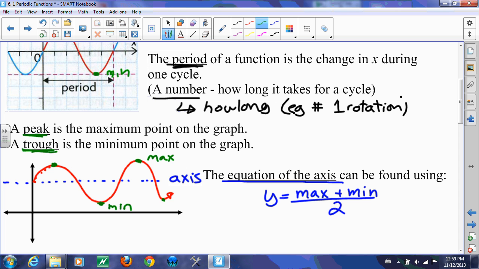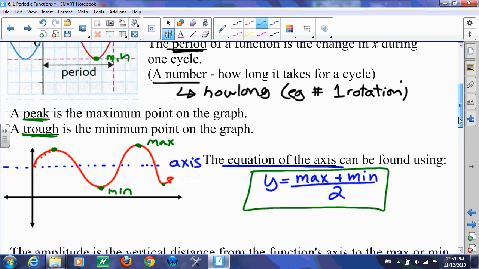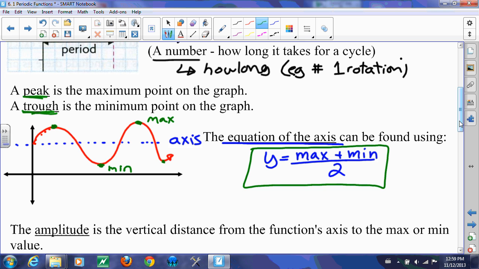Okay, and you're going to notice that the axis is halfway between it, so it kind of creates some symmetry. So you might want to write down that although this is the equation of finding your axis, you're going to know that this is halfway between the max and the min. All right, so halfway between the max and the min.